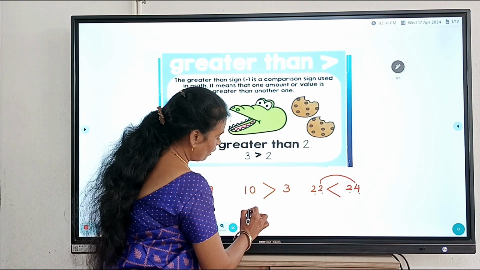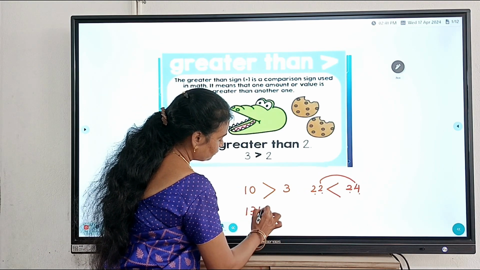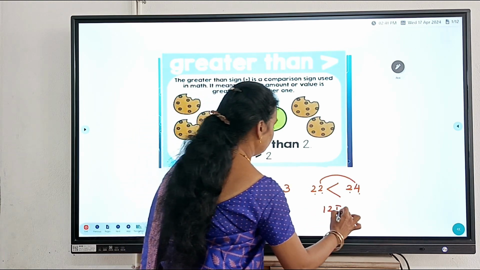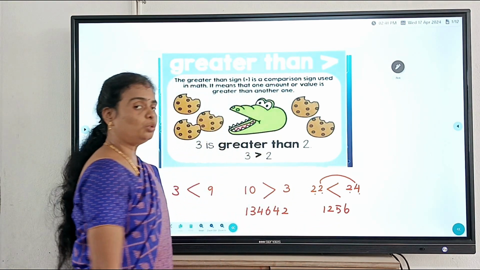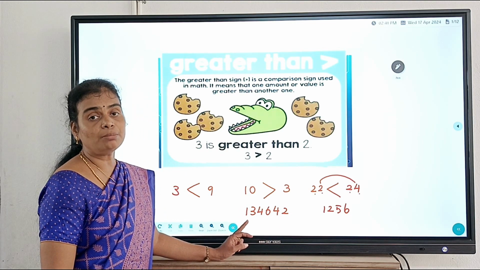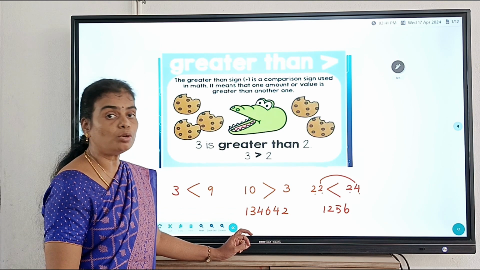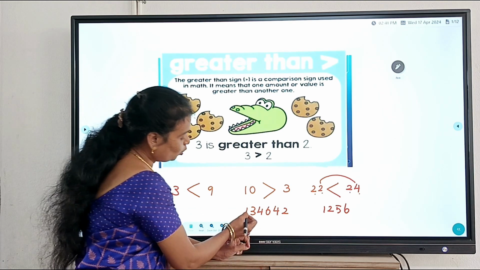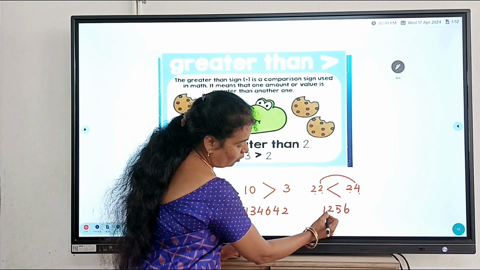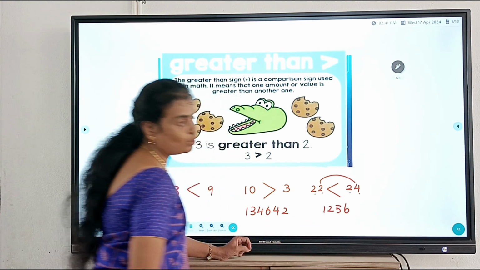The same way if larger numbers are given. When two numbers are given in this kind, you can easily identify the biggest number by counting the number of digits in each number. Here you have 1, 2, 3, 4, 5, 6 digits and on this side you have 1, 2, 3 and 4 only, a 4 digit number.